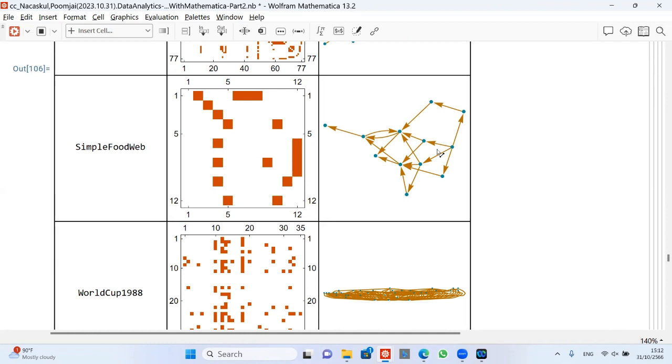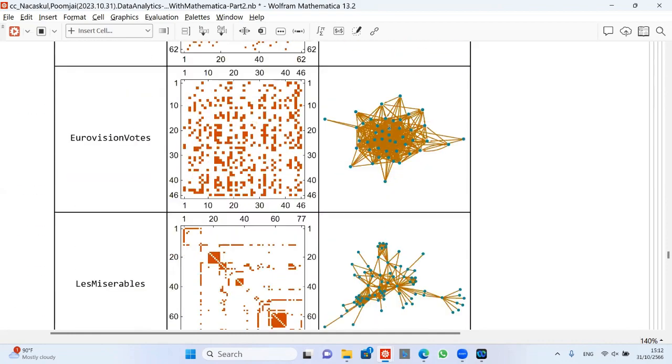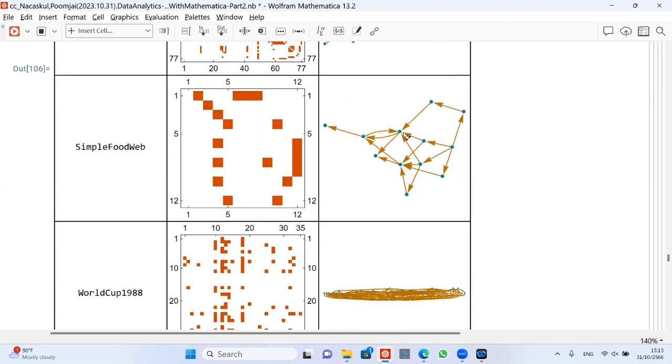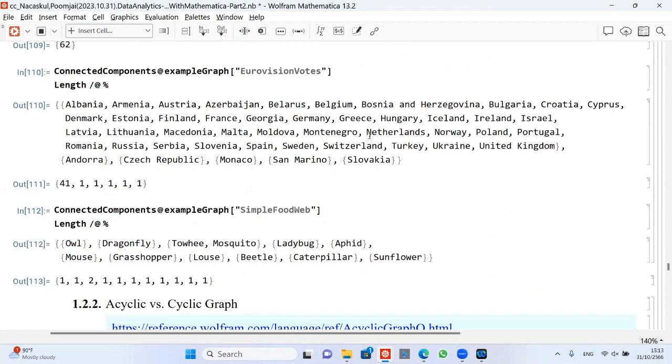The length of the arrow means nothing. It's not like the arrow is long, so it's far apart. No, it's just drawn so that it looks nice. So basically, where do I put this? This is called graph layout.